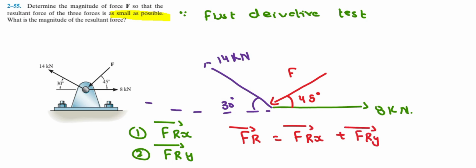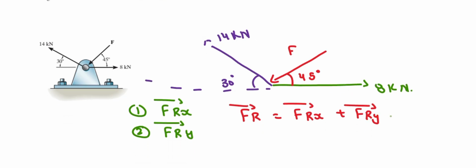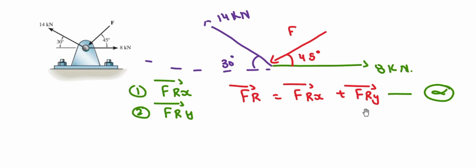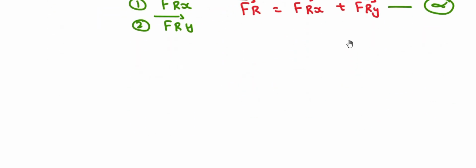According to the requirement of the question, we need the value of the resultant which is as small as possible, and after that we should apply the first derivative test here in equation alpha.